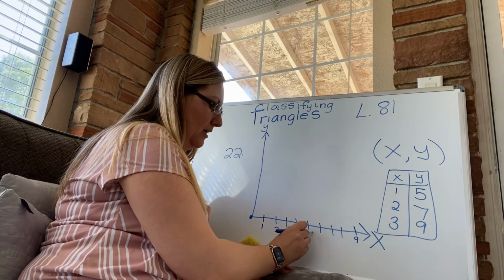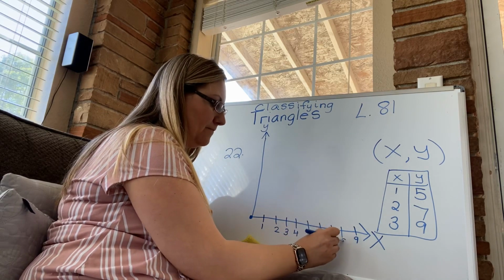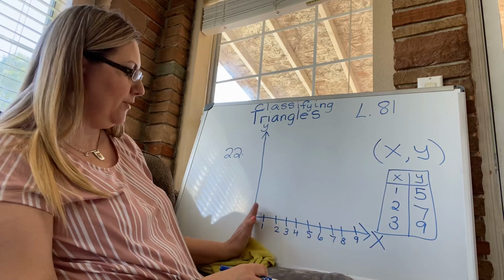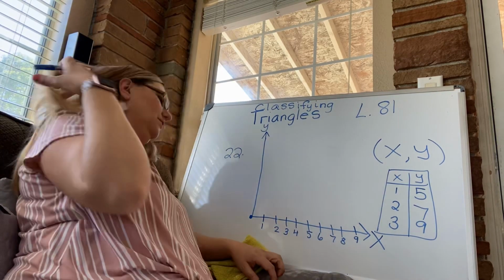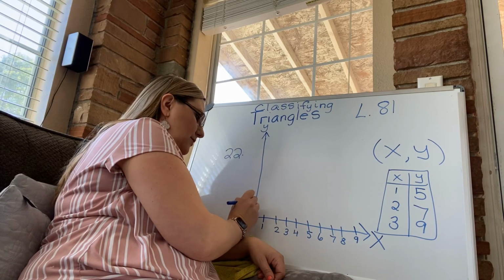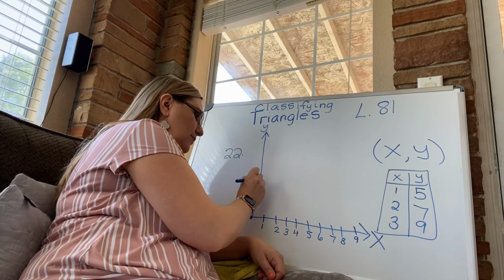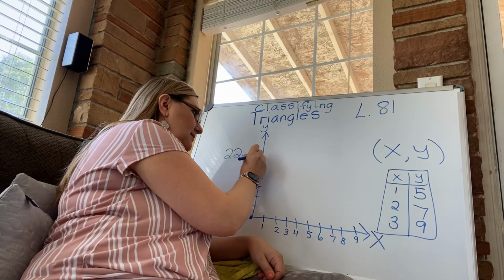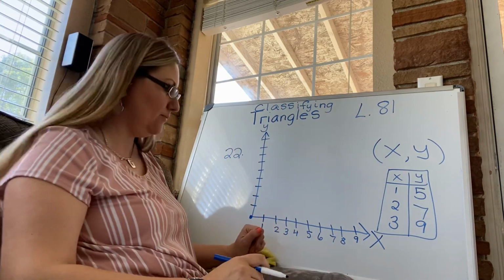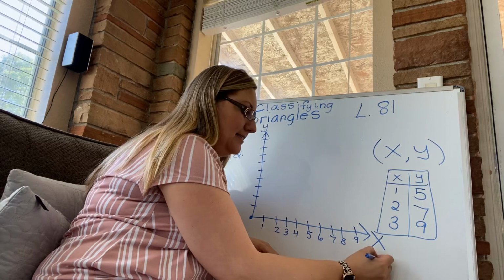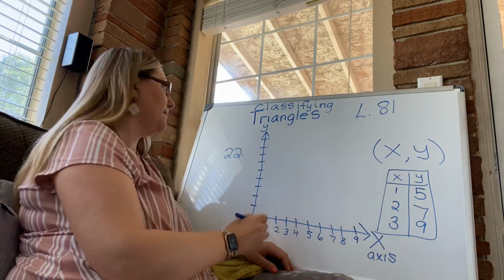And we will go ahead and number it. Okay, and remember, each of these have to be equal parts. I know mine isn't perfect, right? And then I'm going to draw 1, 2, 3, 4, 5, 6, 7, 8, 9 on the y-axis. We call it the x-axis and the y-axis.